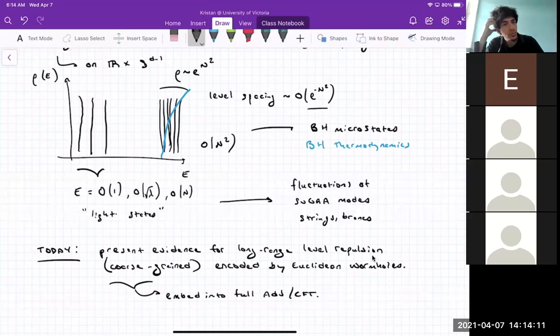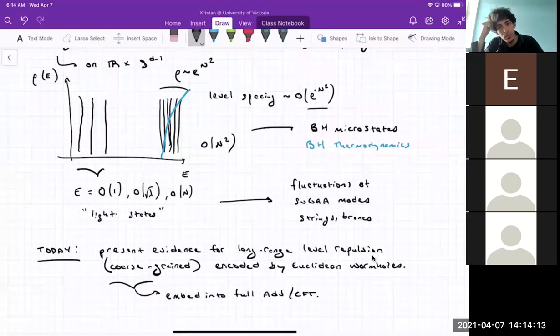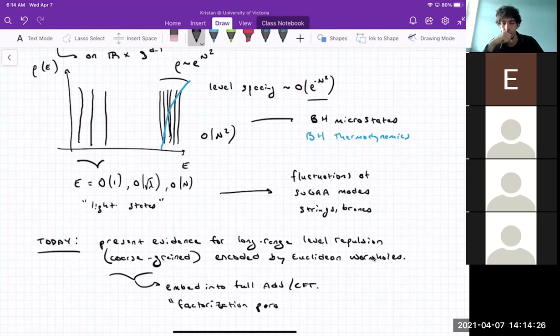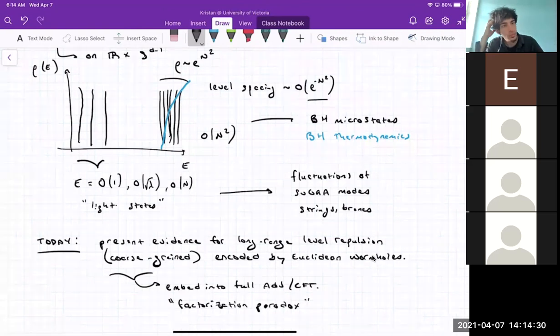However, they also come at a cost. In particular, they introduce something that people have been talking about lately, called a factorization paradox. So they encode something nice, but they bring problems, and we'll discuss this at the end.